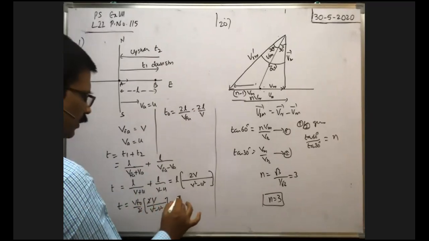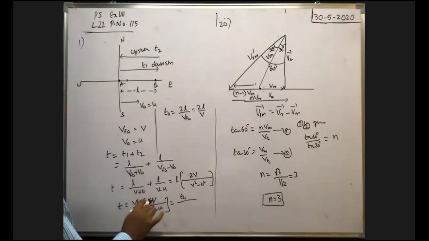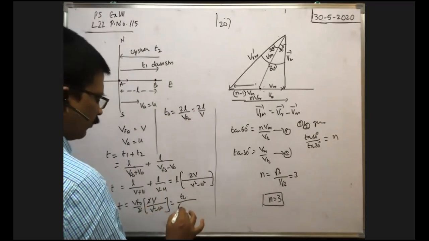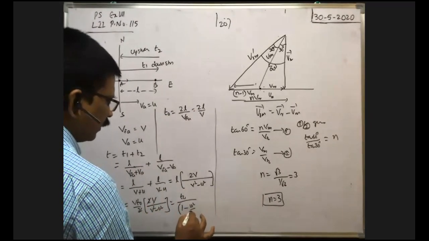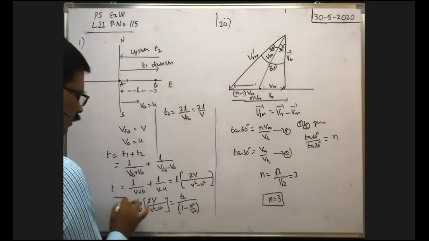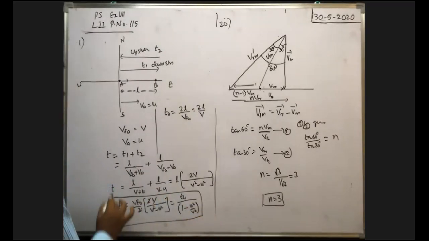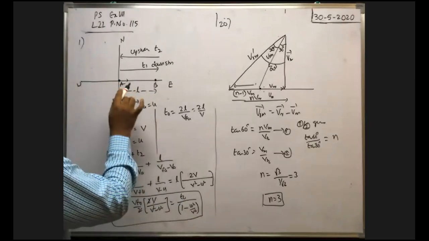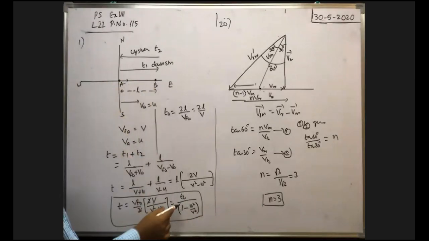T naught you keep in the numerator only. Then v square you write in the denominator. Then you will get v square minus u square by v square. Then simplification gives 1 minus u square by v square. This is the time taken. So when airflow is there, due east, then the time taken by the flight to travel from A to B then back to A is equal to T naught by 1 minus u square by v square.